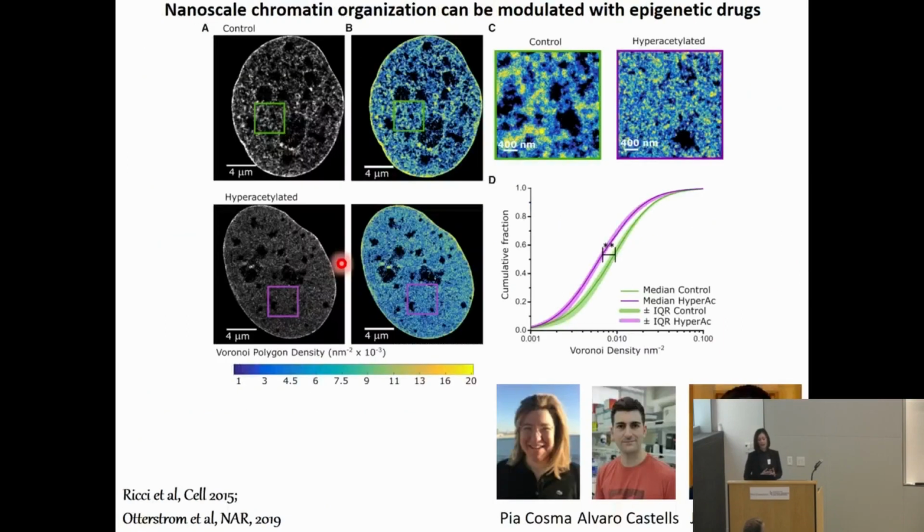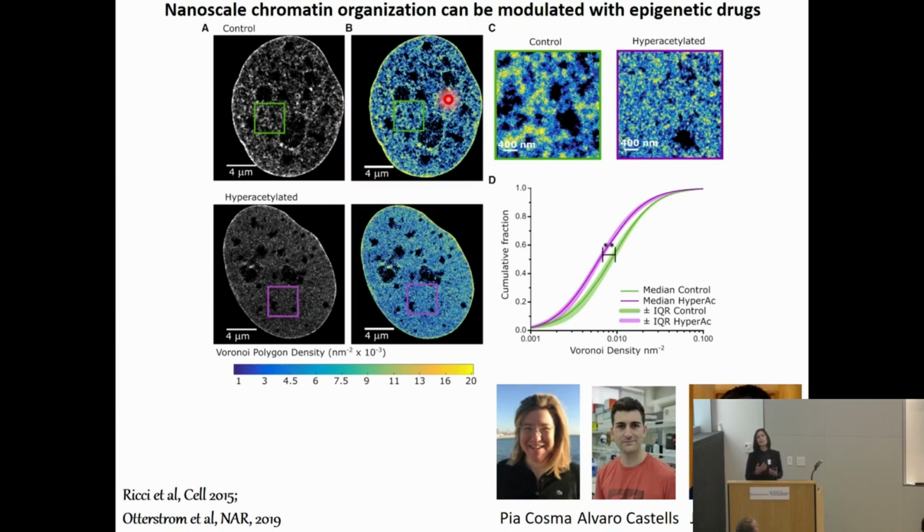And so here, again, I'm showing you super-resolution images of chromatin in human fibroblast cells. This time, we actually labeled the DNA itself rather than the histones. So this is labeling using a nucleotide analog, EdC, and click chemistry. And we can use this for super-resolution microscopy.